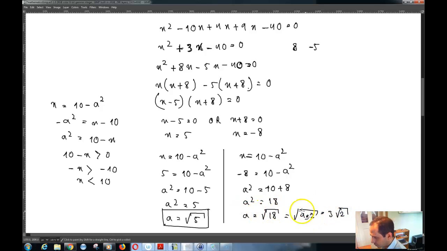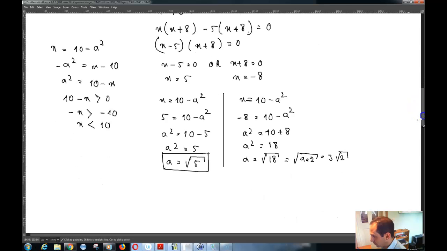So I have these two values for a. Either a is equal to 3 square root of 2, or square root of 5.